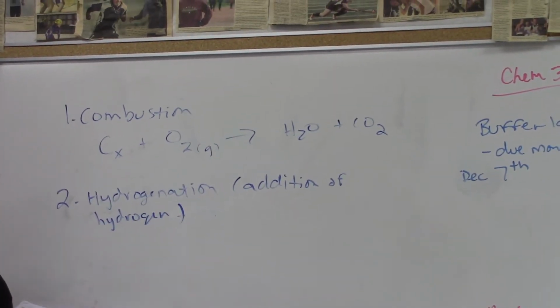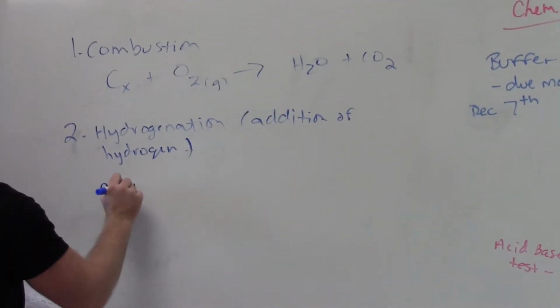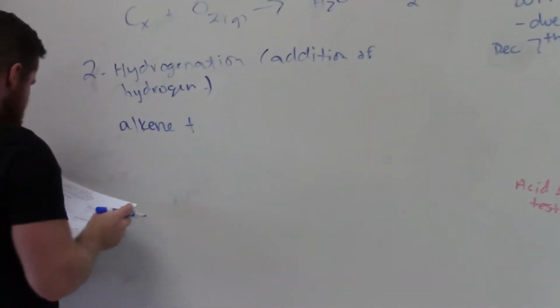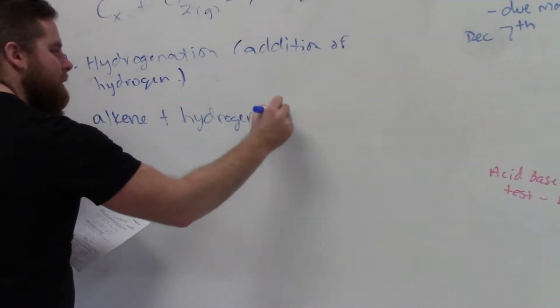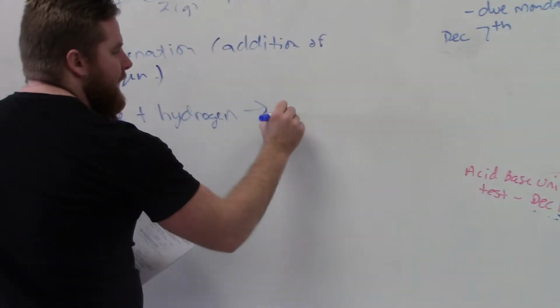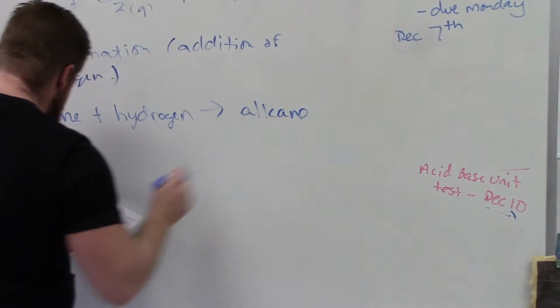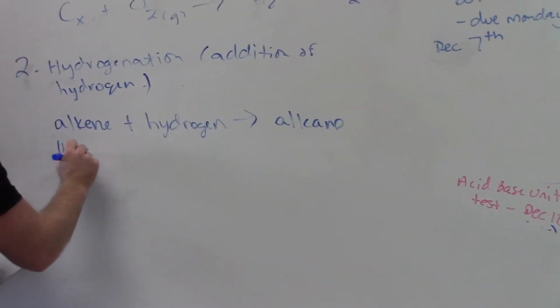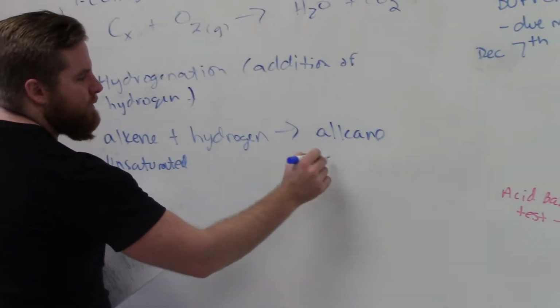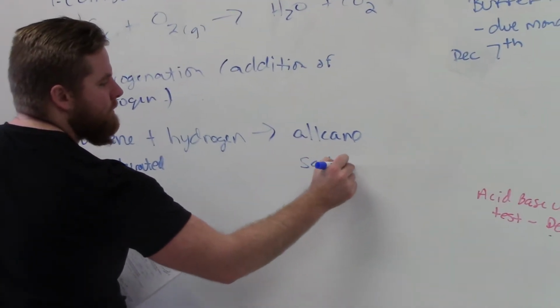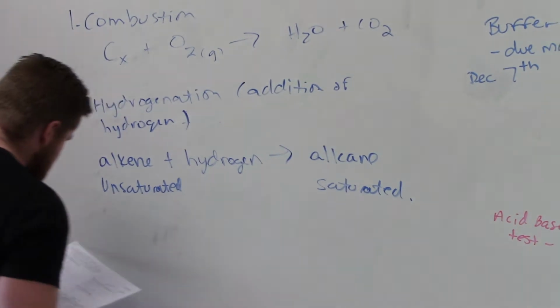Here's an example: you take an alkene, you add hydrogen, and this makes an alkane. So you go from an unsaturated hydrocarbon, you add hydrogen, to a saturated hydrocarbon.